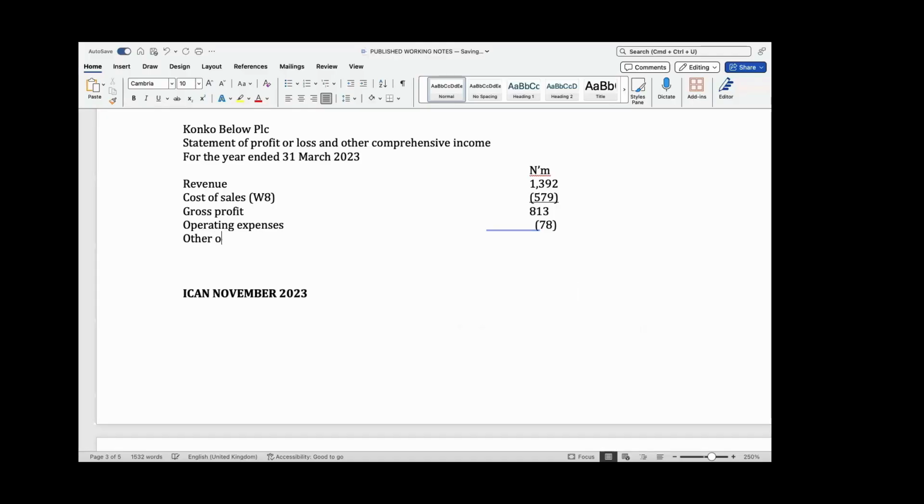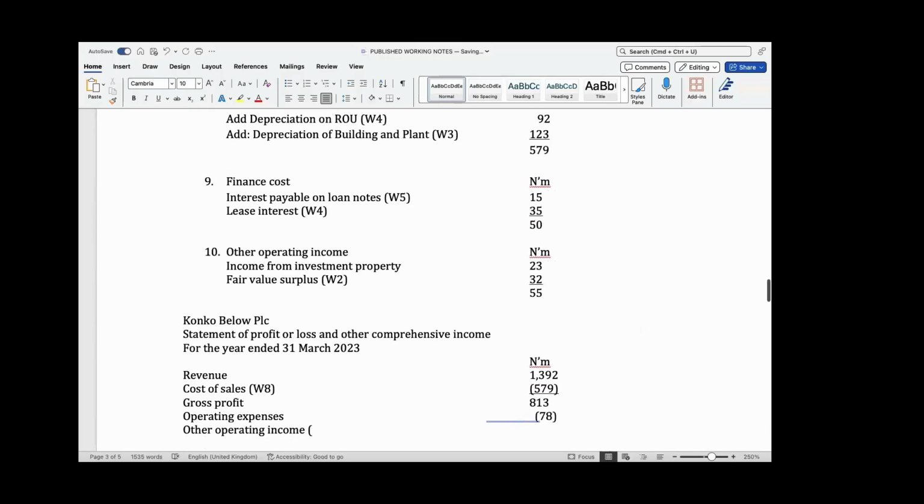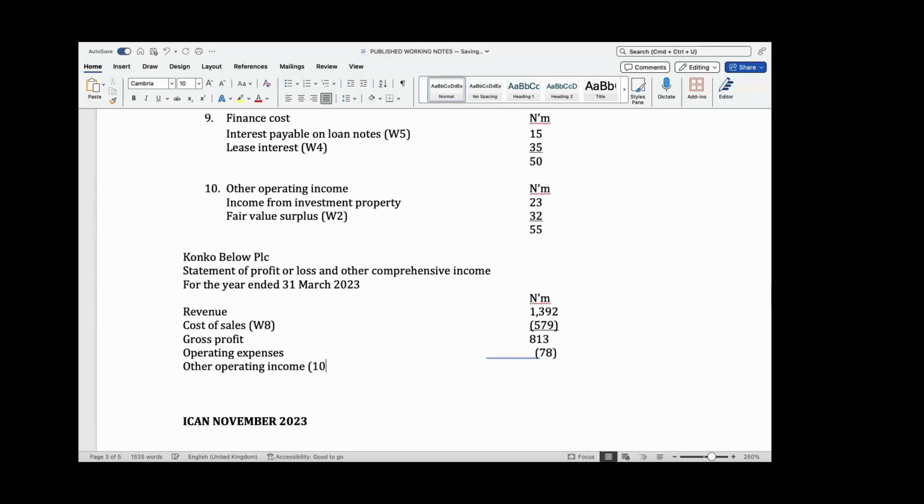So then my other operating income, which is 50. Yeah, working 10, that's 55. Then I will have my operating profit.